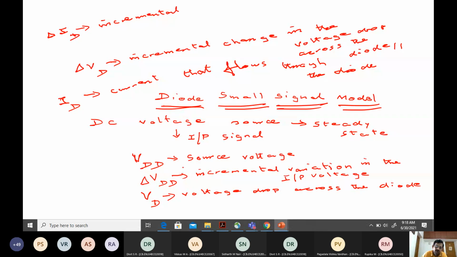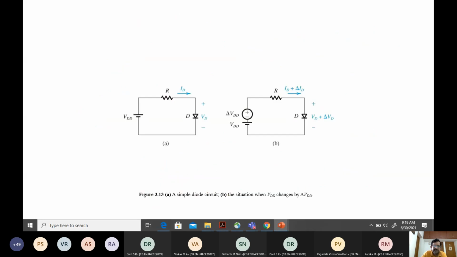How small this source variation can be and still be accommodated is of importance in this class, and you will learn that. So delta ID is the incremental change in the current. With these definitions, we are all set for the discussion in this class.